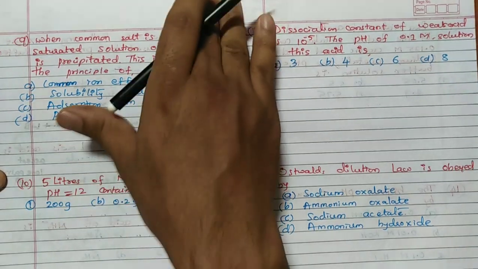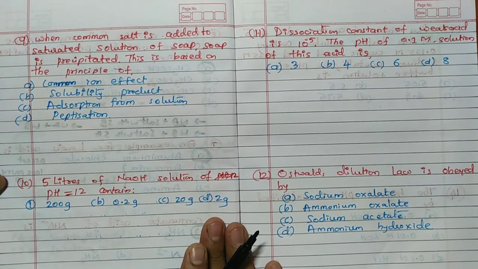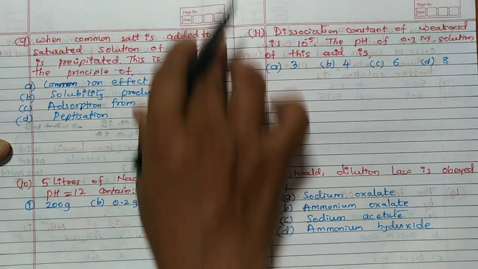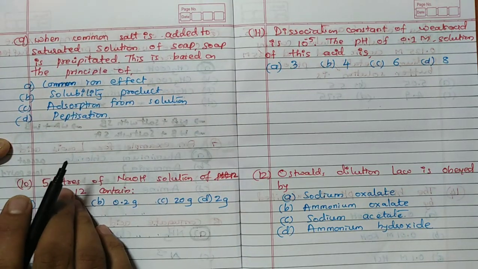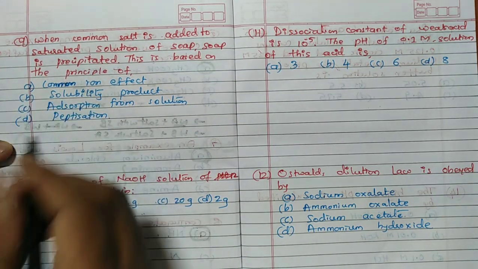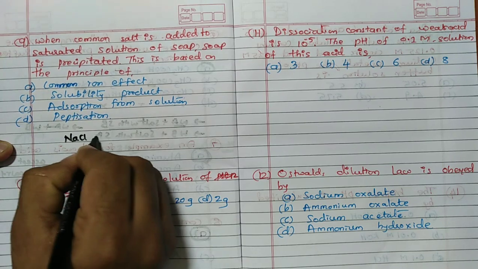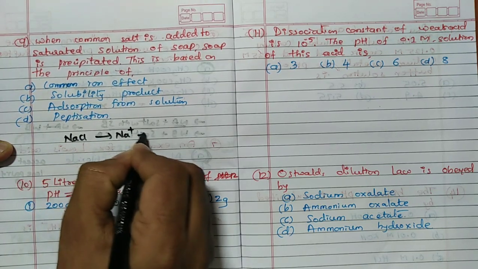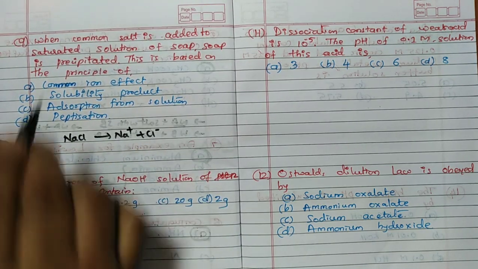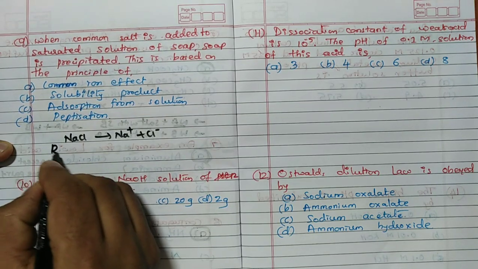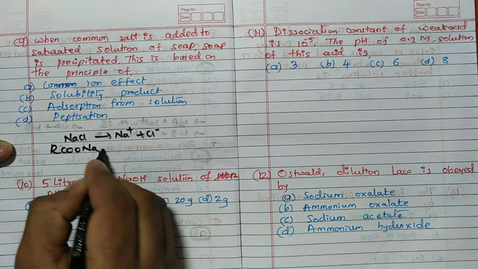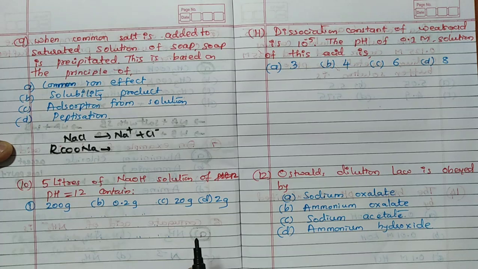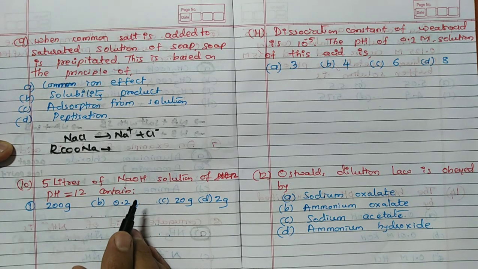Ninth question. When common salt is added to a saturated solution of soap, the soap gets precipitated. This is based on the principle of... So remember, common salt is NaCl, correct? NaCl gives rise to Na+ plus Cl-. The saturated solution of soap means, remember, soap formula RCOONa, the sodium or potassium salt of long chain fatty acids.